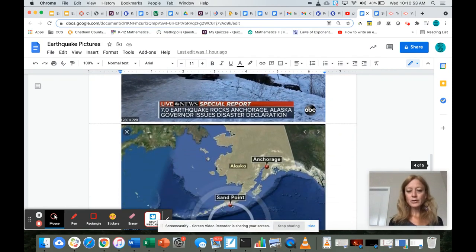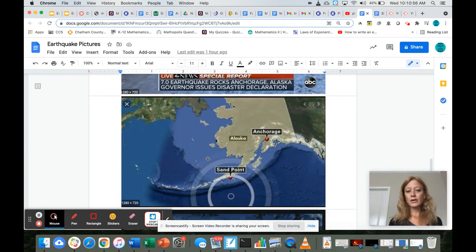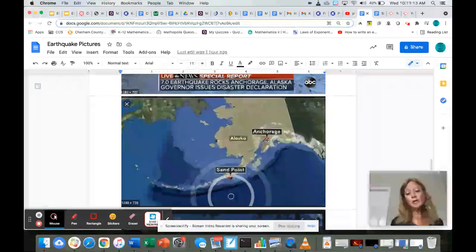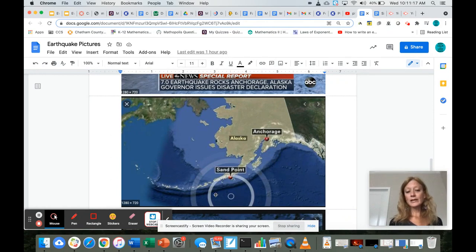Here's our last picture from an earthquake zone in Alaska. So if you're wondering where Anchorage, Alaska is, it's right here. And now what I want you to hone in on is location. So there is a lot said for the location of continental crust and oceanic crust. And some of you are saying that you see some rings here.